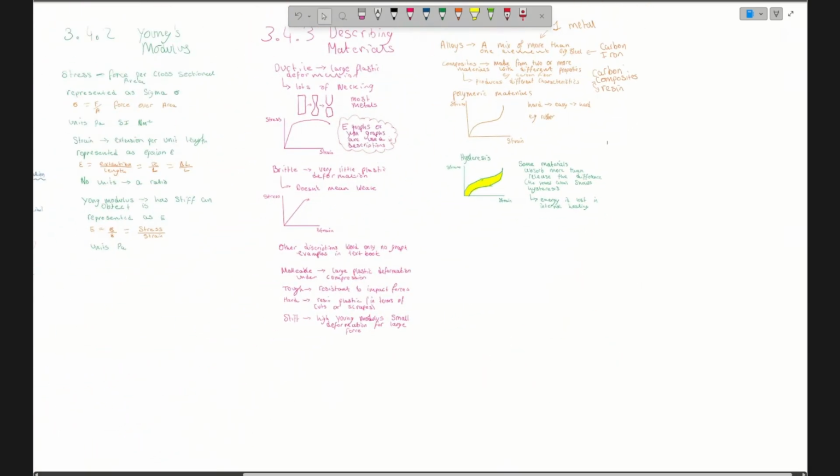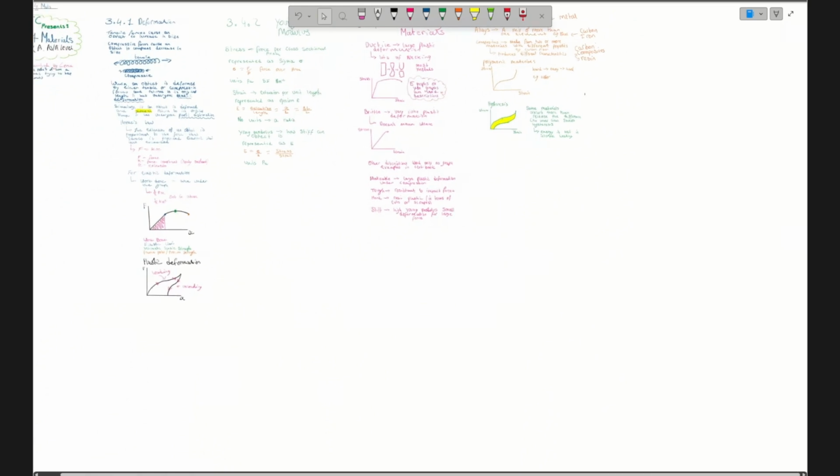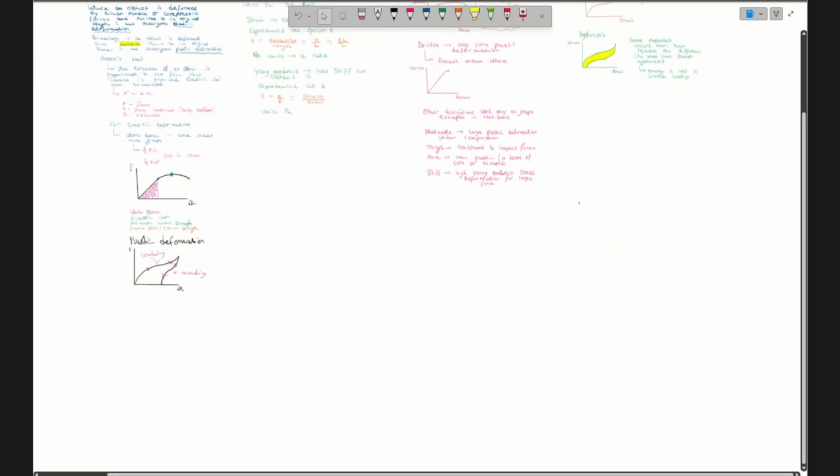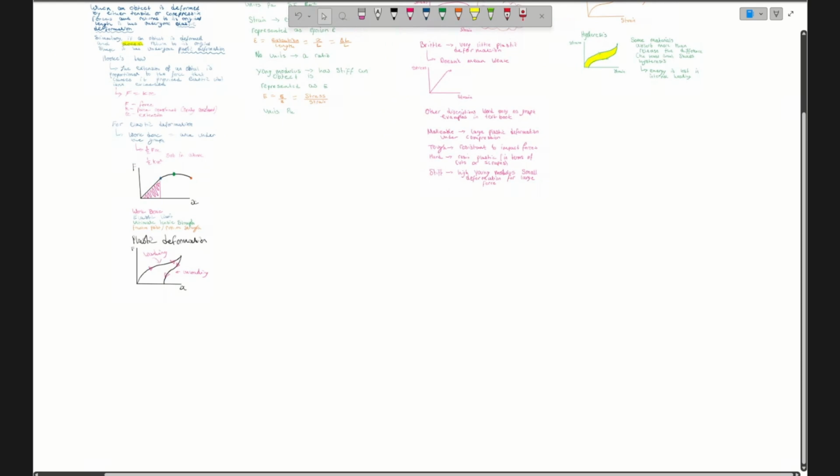That is essentially everything you need to know in 3.4. That is materials. If you have any questions, feel free to let me know, and I do recommend you have a look over some more concise notes, and this is just a general overview.